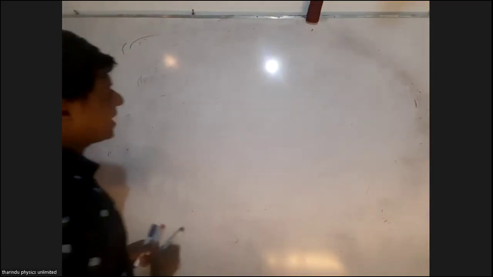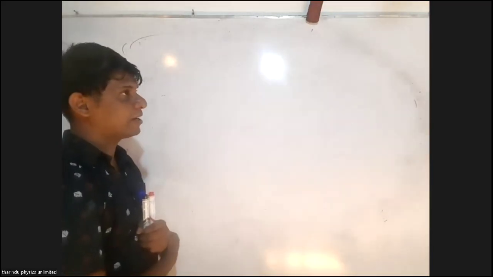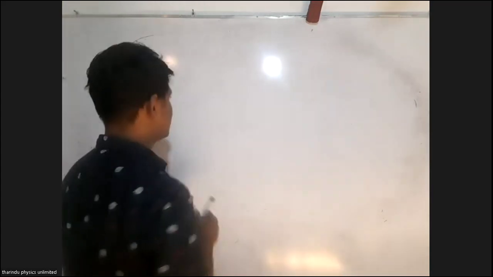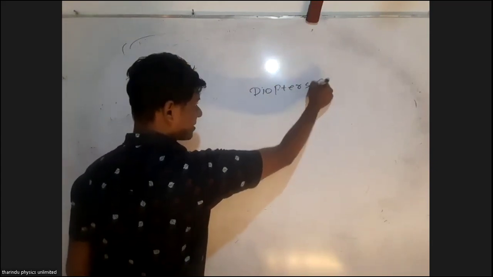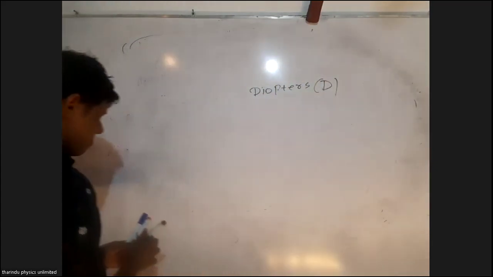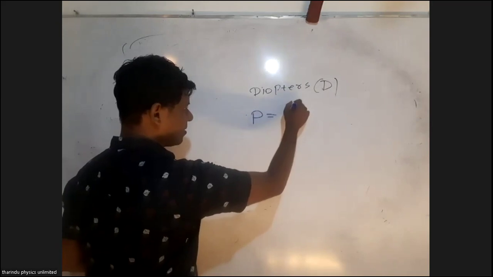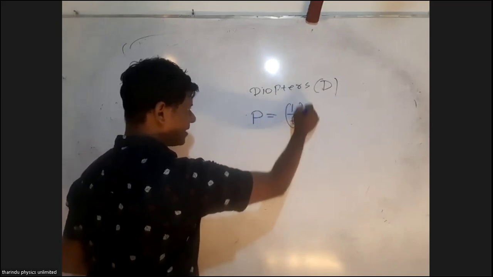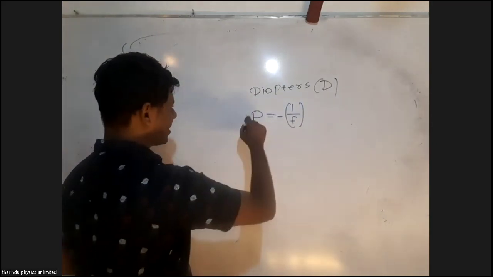Now, power of a lens. Power of lenses is measured in a unit called diopters. Diopters, capital D. The equation you can use is power equals 1 over f, but in front of that there is a minus sign.